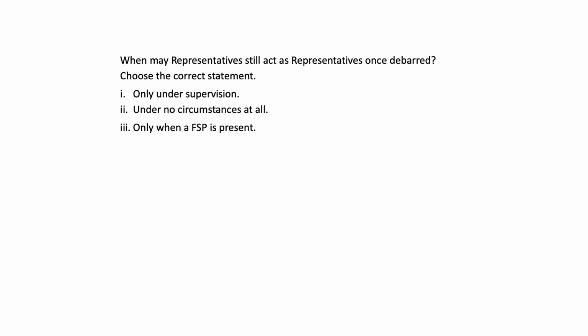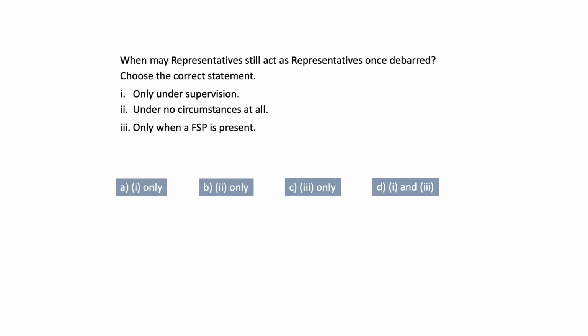We must choose from option A, B, C, or D. Pause the video if you need some time to think about the answer. The correct answer is option B. A representative may under no circumstances at all still act as a representative once debarred.